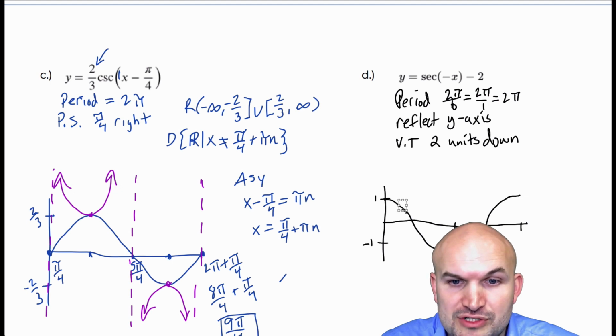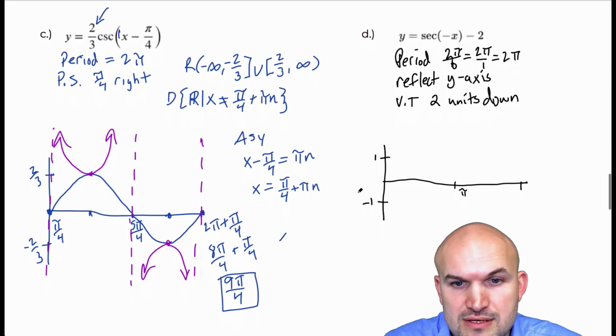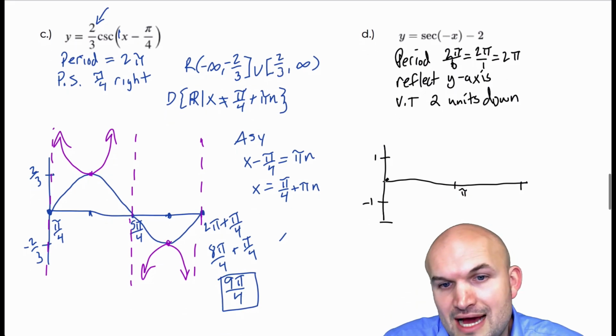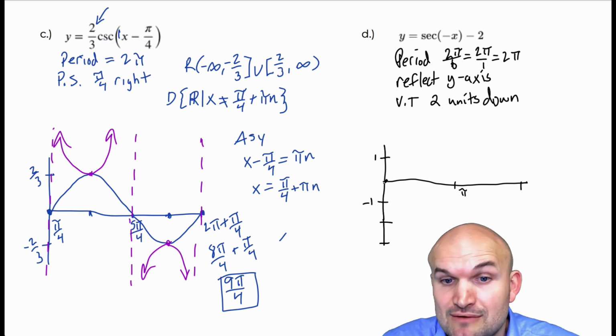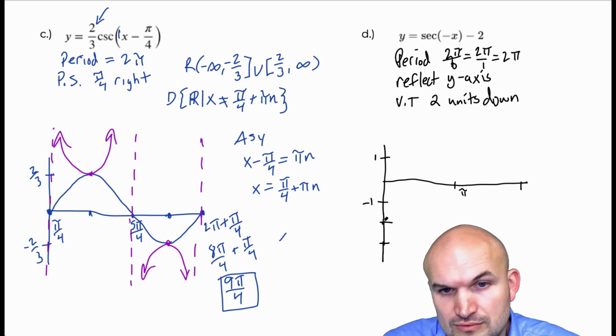So if I wanted to shift this graph 2 units down, I guess I couldn't work that, so let's just delete that. Now to shift this graph 2 units down, it's down 2.